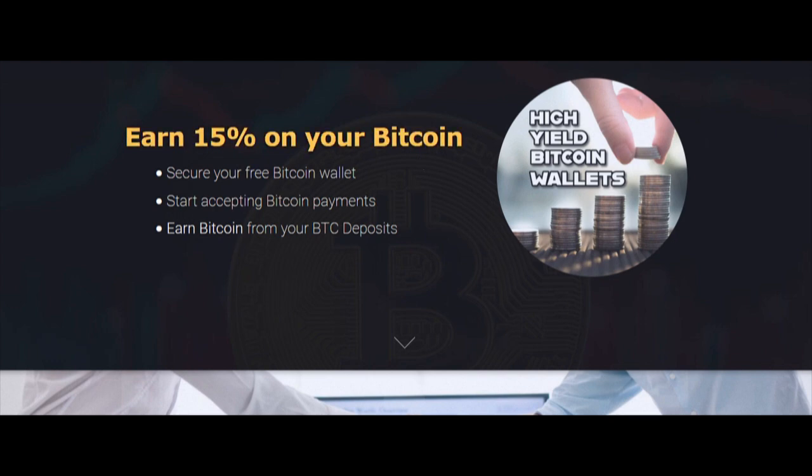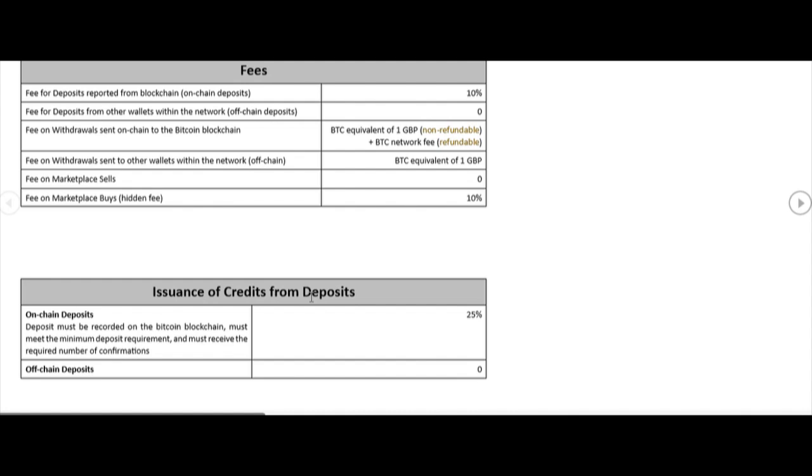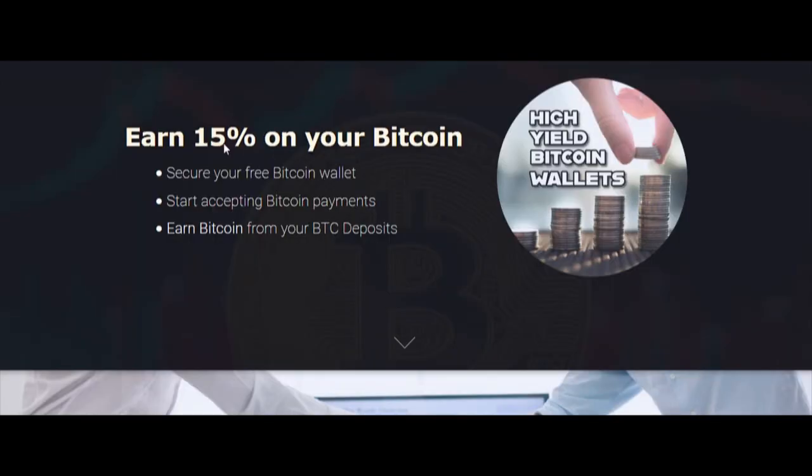All right. So the way it is now, if you were paying 10% on your on-chain deposits, you're going to receive 25% in credits. Okay. And that nets to 15. Here's a spoiler alert for you guys in the future. This amount right here will continue to increase as the system or these wallets grow in adoption.